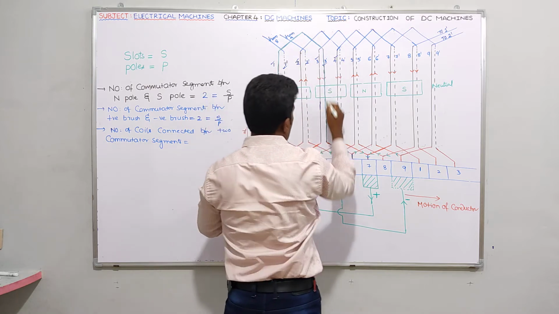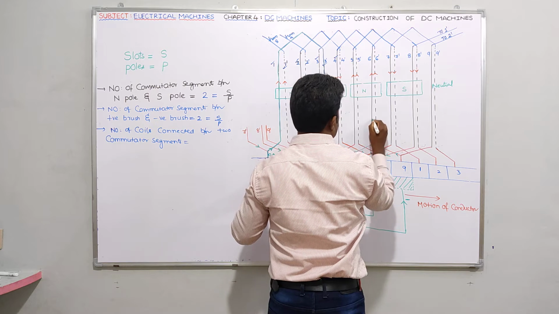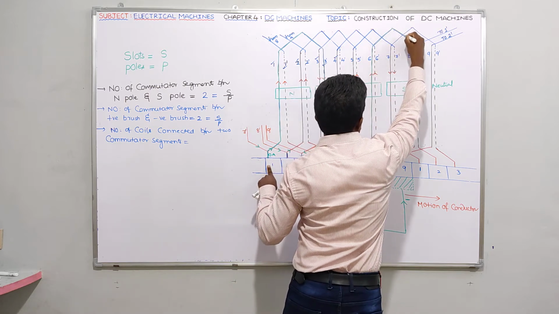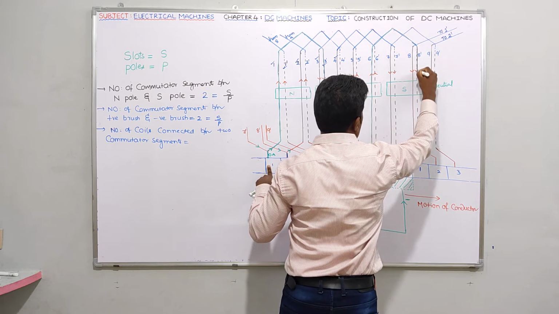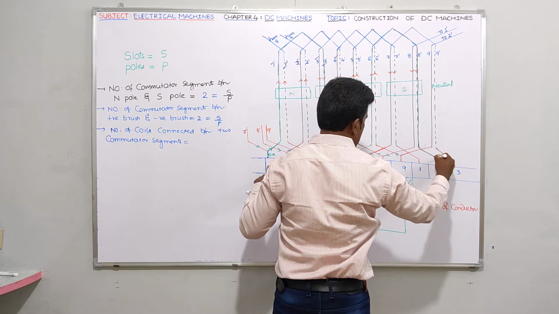1 3 dash is the coil, and once again, if you see from here, 6 8 dash is the coil. This 8 dash is connected to the second segment, no?